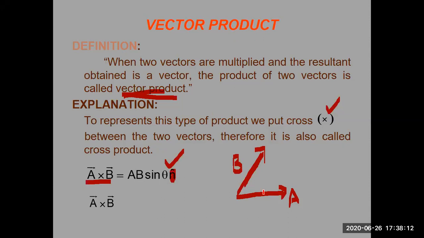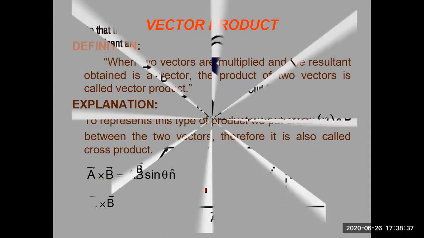If you are taking the product A cross B, moving along from A to B, your fingers will show the direction of rotation of vector A towards B. Your thumb will show the direction of the product, and along your thumb there will be a unit vector n which shows the direction of the product.